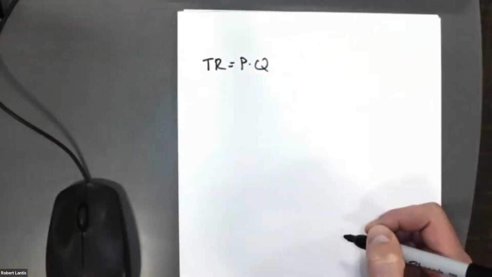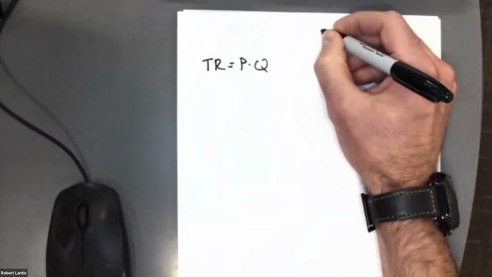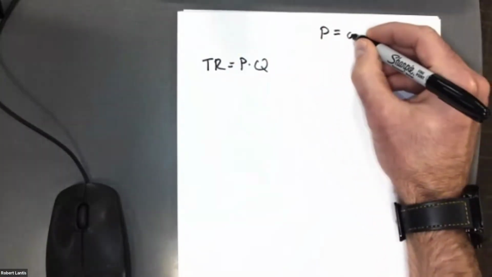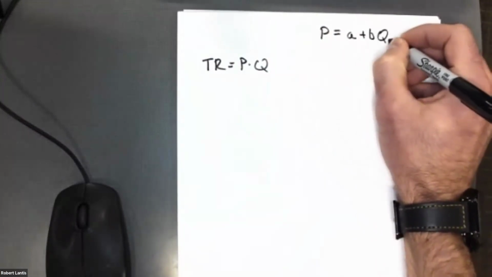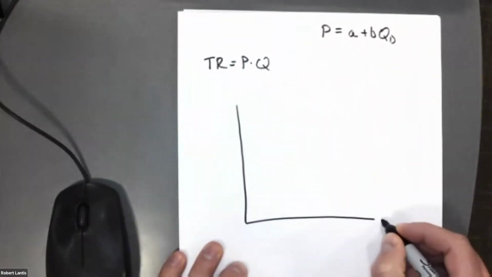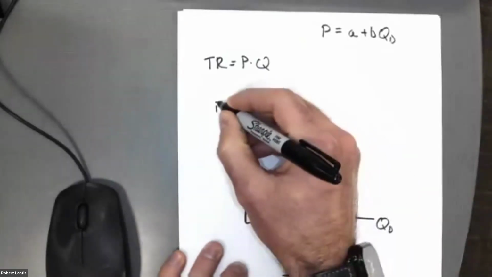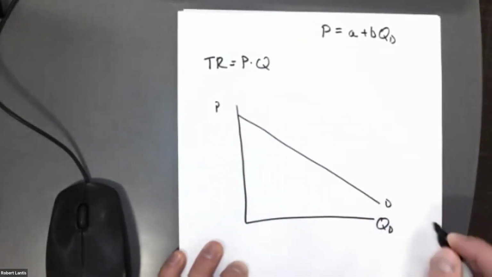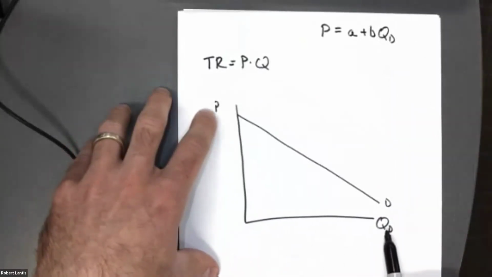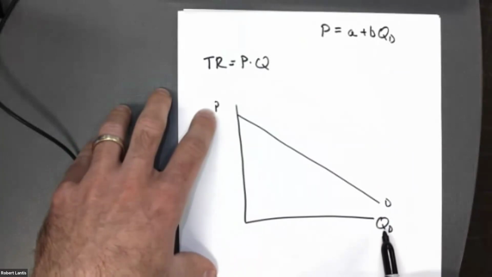Okay. But we also had these demand equations where we could write out the price as a function of the quantity demanded. So whenever we were looking at this graph, here we had our quantity demanded, here was our price, here's our demand curve. There's some equation behind that, where price is a function of the quantity I want to sell.